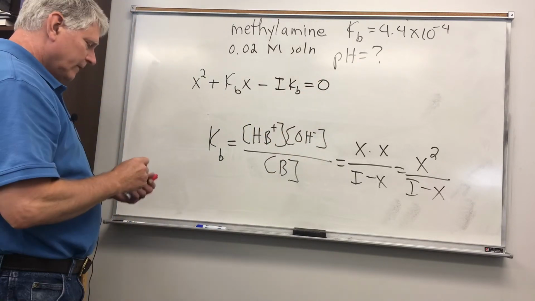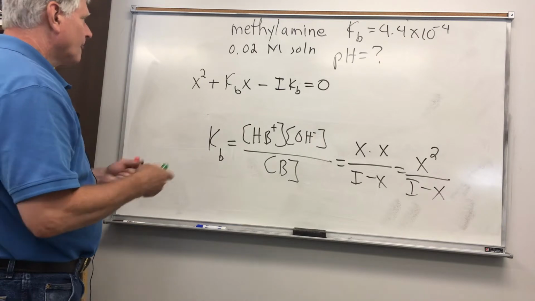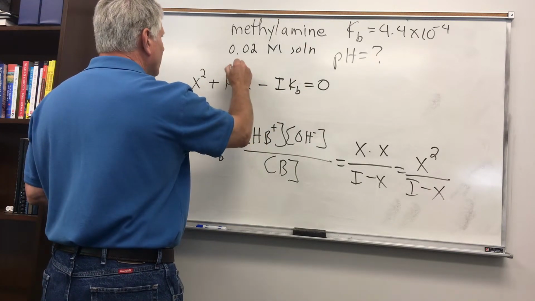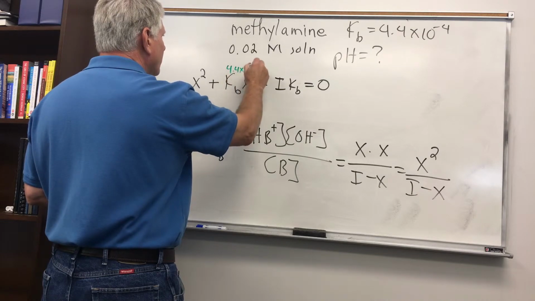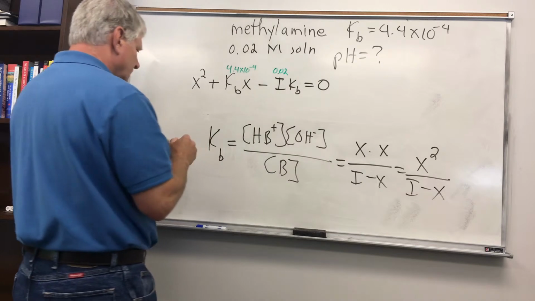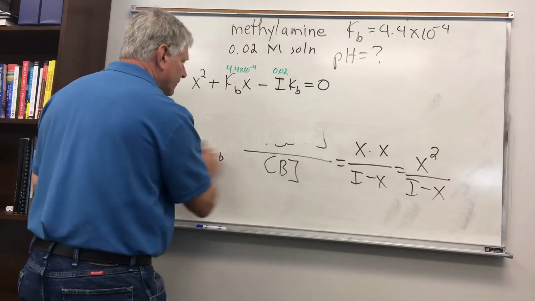So we can plug numbers in here. Kb is 4.4 times 10 to the minus 4. Initial concentration is 0.02 molar. So we can use the quadratic formula.